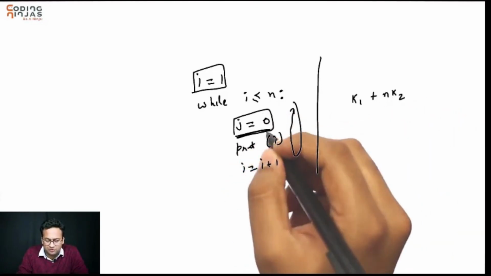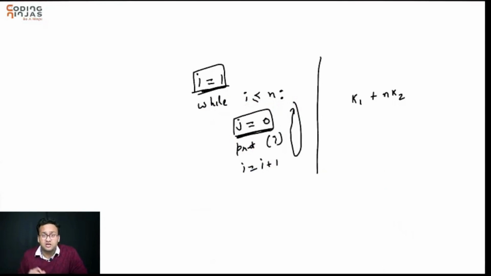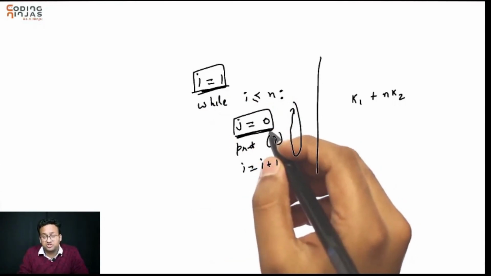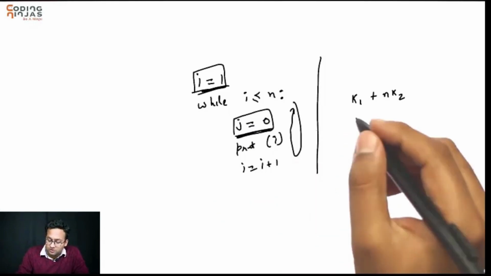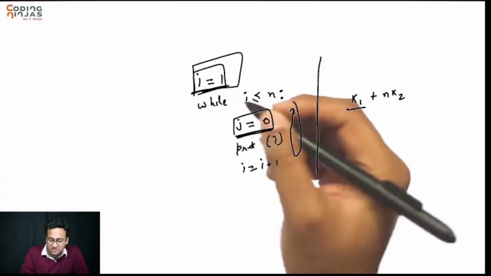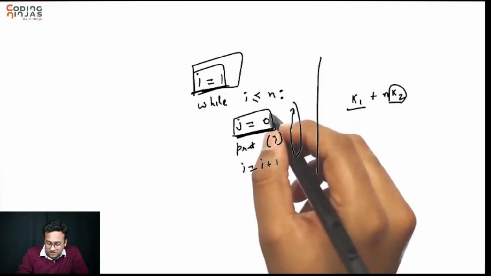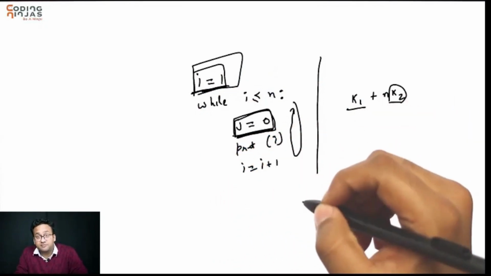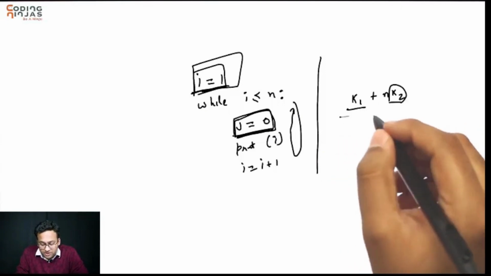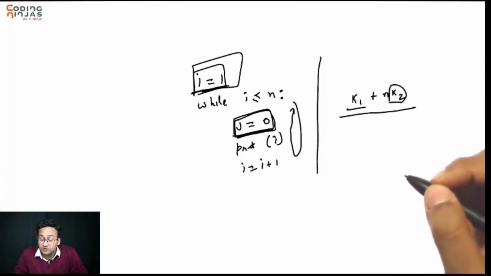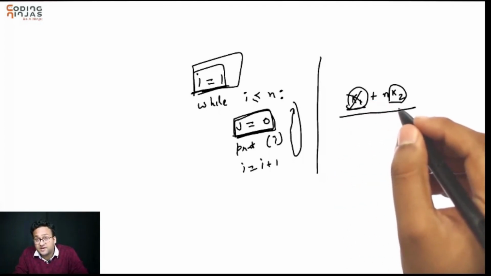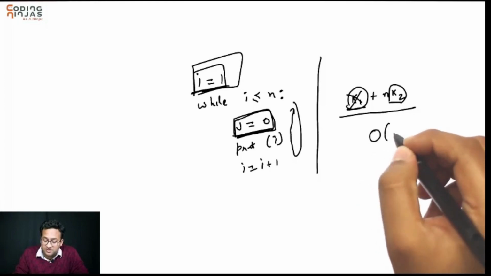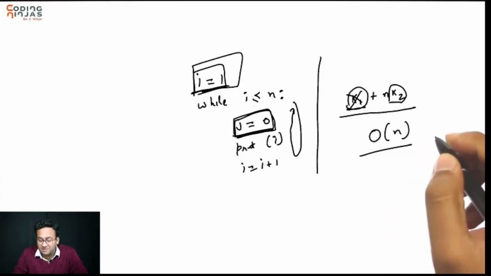I'm assuming this takes k2 space, this is taking k1 space. They will be same, but in general you could say that this is a string, this is an integer. So basically, they could potentially take different amount of space. So k1 for this space that you have used here, k2 for this space that you have created, and this space is getting created n times. So potentially I could say the total space requirement is k1 plus n k2. That would mean we can ignore this part because this is insignificant compared to n k2, and we would have said space complexity is big O of n. But this is wrong.